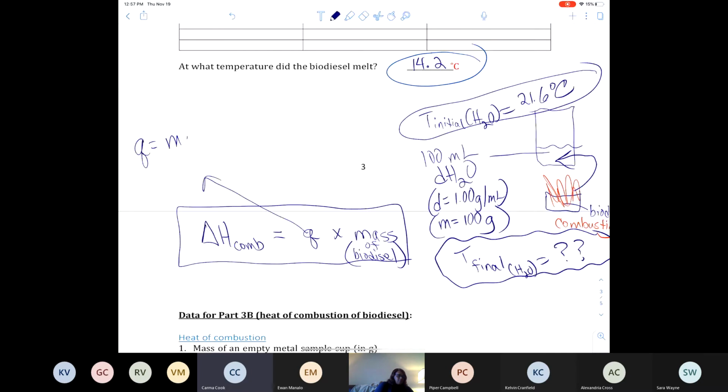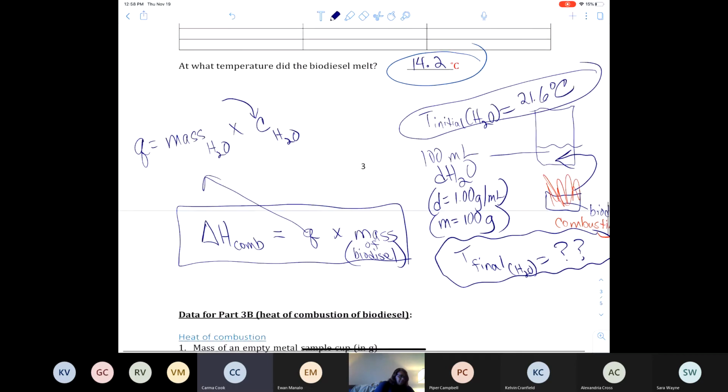Q is going to be equal to the mass of the water times the specific heat of water, which we learned in chapter 5 and 6, I think we first introduced it in chapter 5, 4.18 joules per gram degree Celsius is the specific heat of water, times our delta T. Delta T is T final minus T initial.